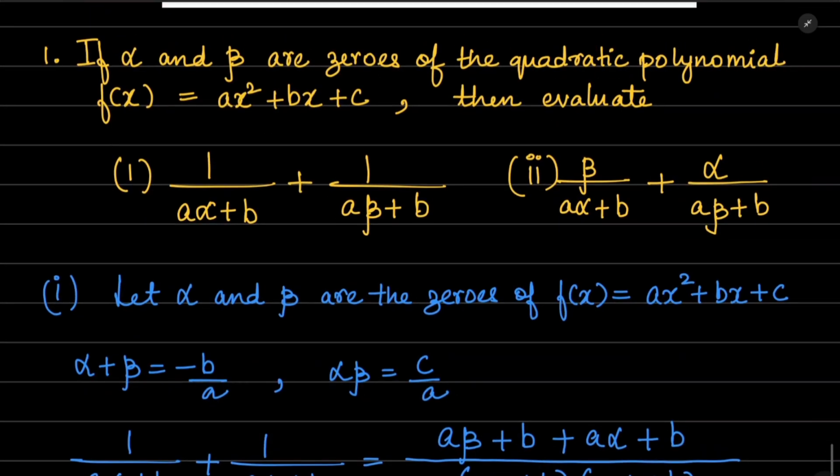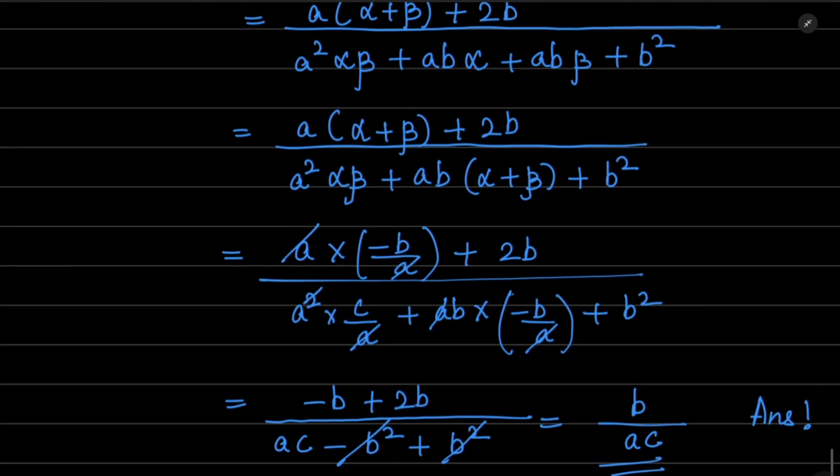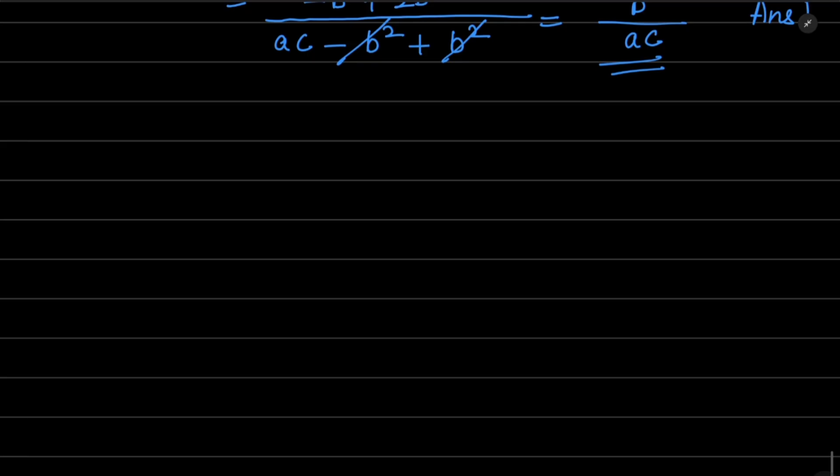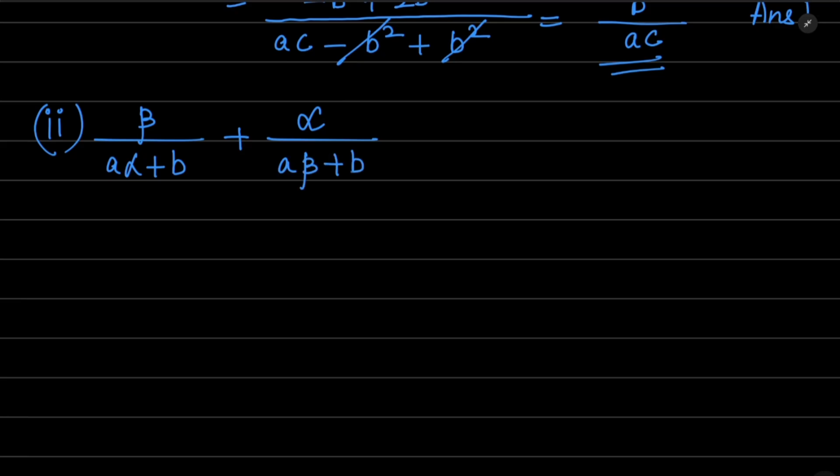Let's do the second one the same way. Okay, let me write it. The second question is beta divided by (a alpha plus b) plus alpha divided by (a beta plus b).